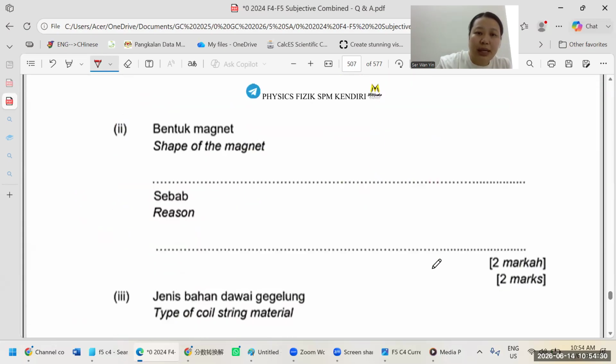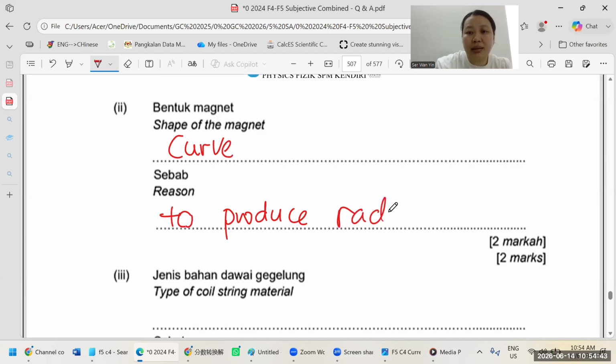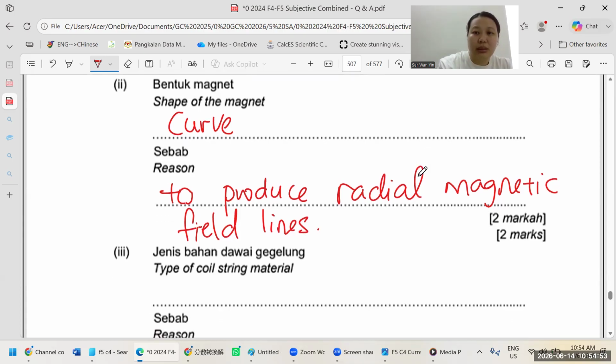Okay, like next, the shape of the magnet should be curved. Why? This one is to produce, you write first, radial magnetic field lines. Normally if flat like this, this is north, this is south, the magnetic field lines, see, I put a line here, is straight.